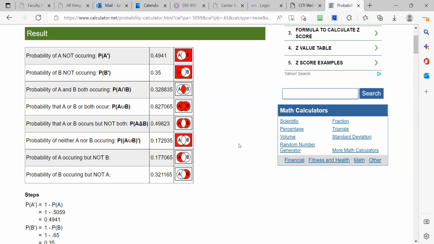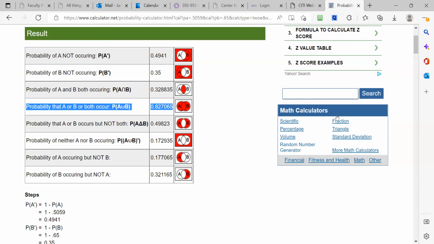I will accept if you used a calculator. I will accept whatever. Okay. Personally, I was looking at the probability that A, B, or both occur. That's how I interpreted what was on your homework. Remember, I didn't write your homework.